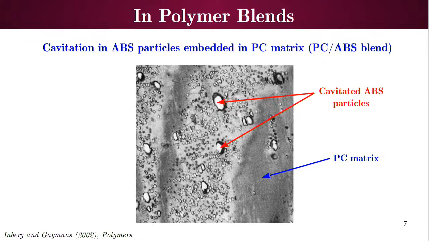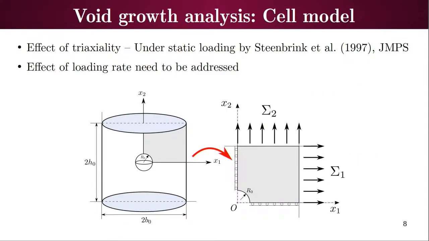That's why the effect of loading rate should be observed on the void growth. Now, the effect of trajectory under static loading has already been studied by Steinbring, but we will look into it again. He has done it mostly for small deformation. We will look into the large deformation case. The effect of loading rate needs to be addressed, which has not been addressed yet.